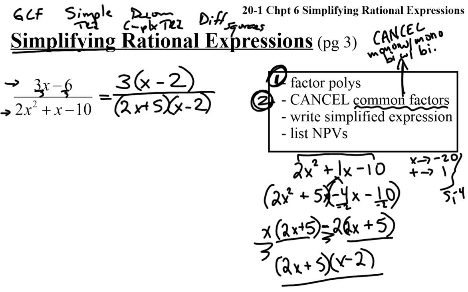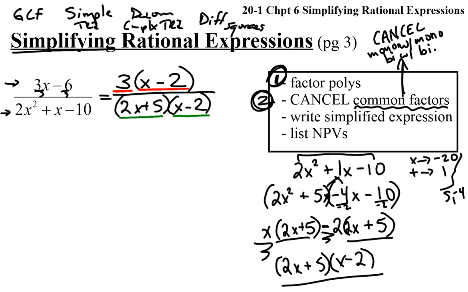So we factored the polynomials. Now I look at the factors, like I was just talking about. We have a factor of 3 and another factor of x minus 2. Here we have a factor of 2x plus 5 and a factor of x minus 2. I can't cancel parts of those. If I want to cancel something, it has to be a factor all by itself.